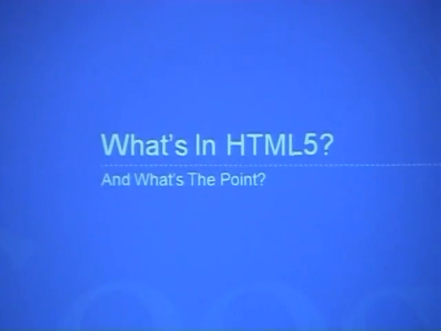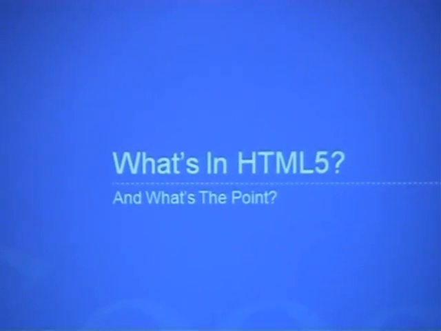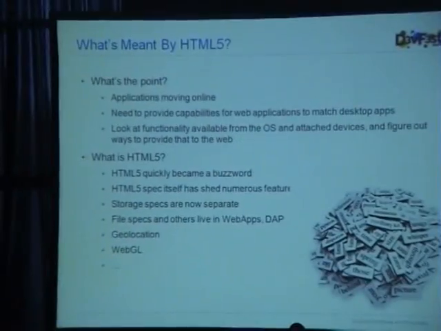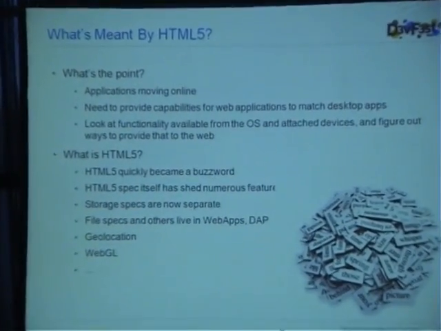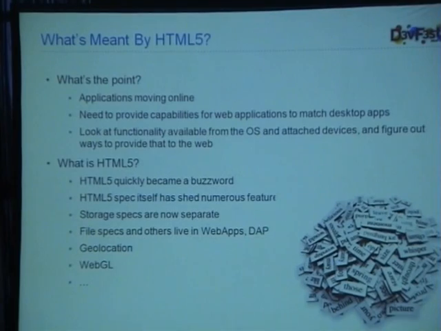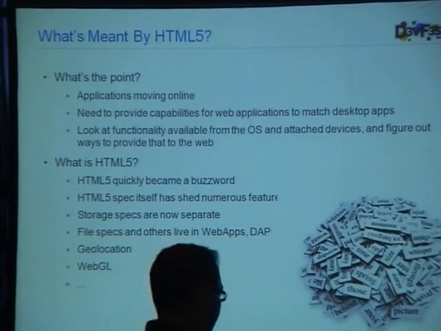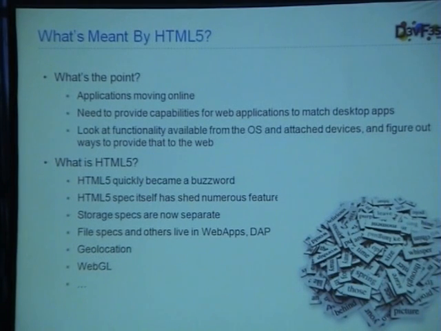So what's in HTML5, and what's actually the point of all of this? As we look at what's happening on the web in general, we see a lot of applications moving online. You can look back to Google Maps and Gmail as an example of the beginning of this trend, when things that were traditionally desktop applications became web applications.